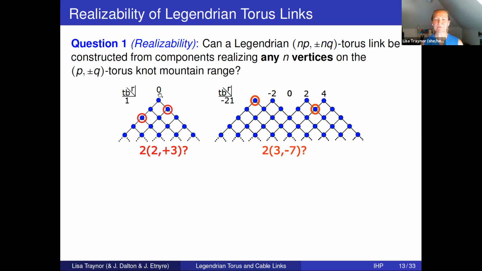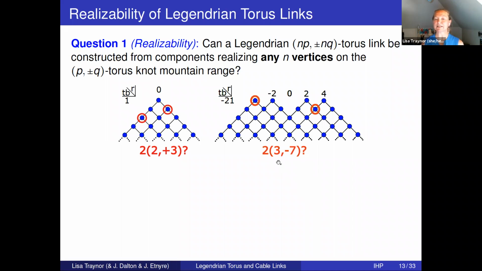So I can choose a 2-tuple of vertices on the 2,3 tree, and you can wonder, can I realize the 4,6 where the components are realized by that pair of vertices? In other words, can I realize the TB and R given by those vertices for each component?